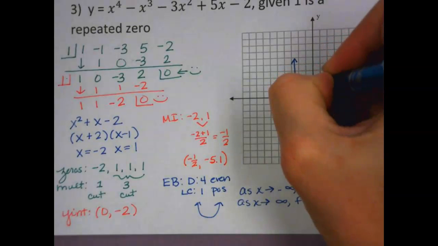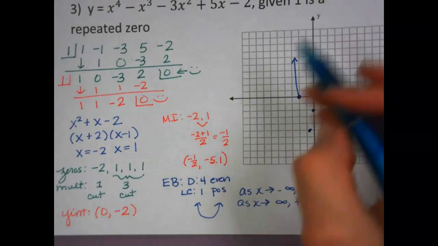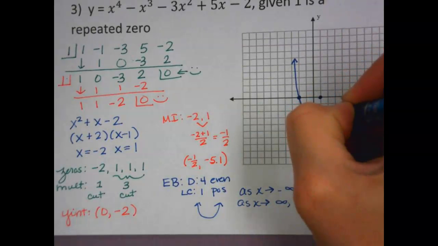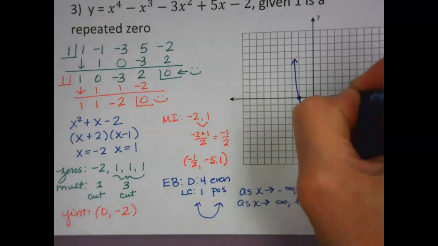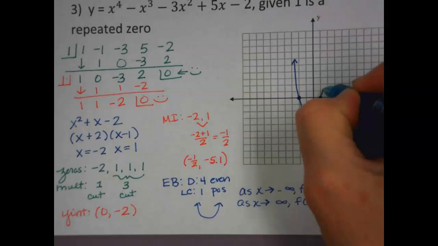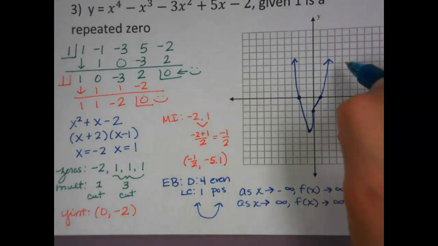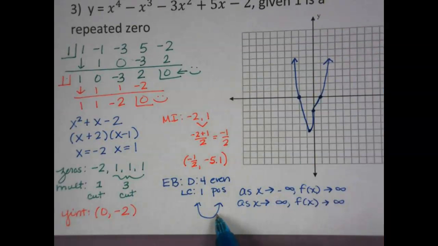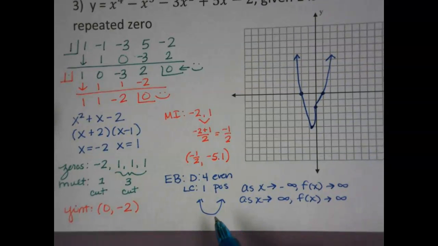We're going to go to our first 0 of -2, and it tells us we cut through it. We'll go down here, go back up to our next 0 of 1, and it says we cut through it. And we end up going up, just like our end behavior said we would. On the right side, our end is going towards infinity.